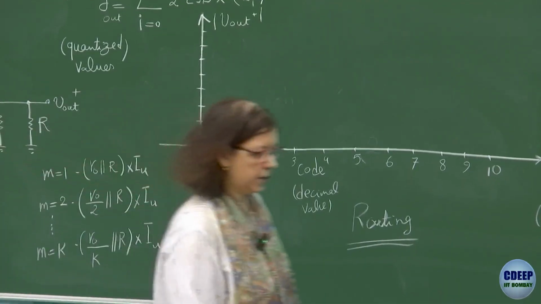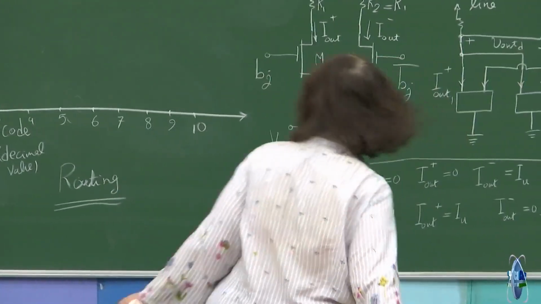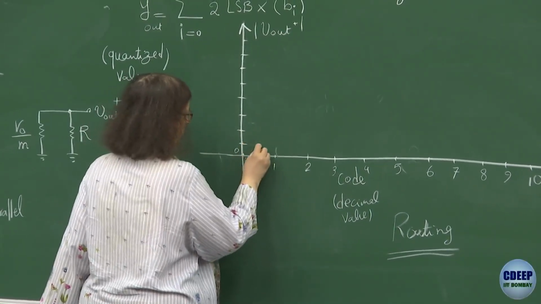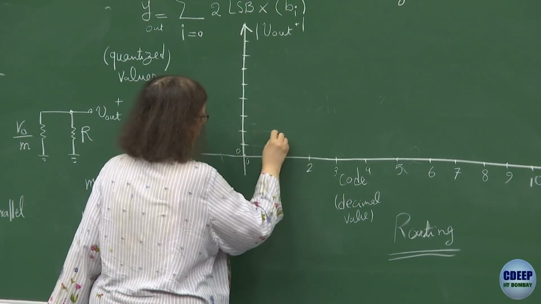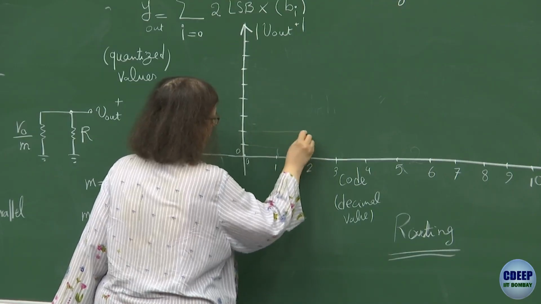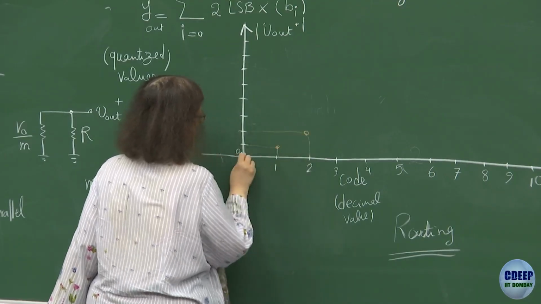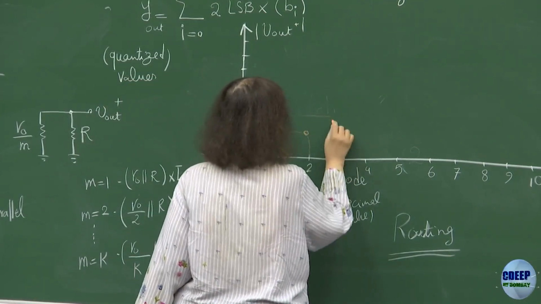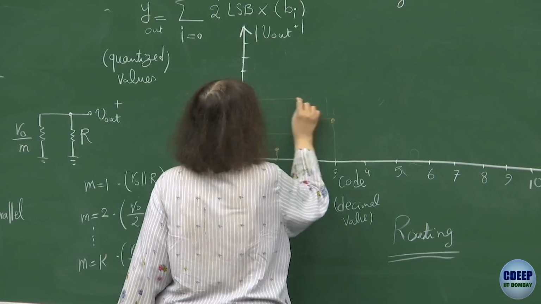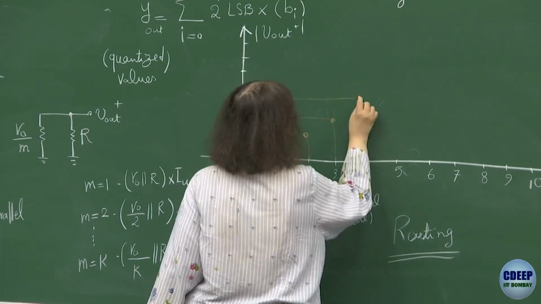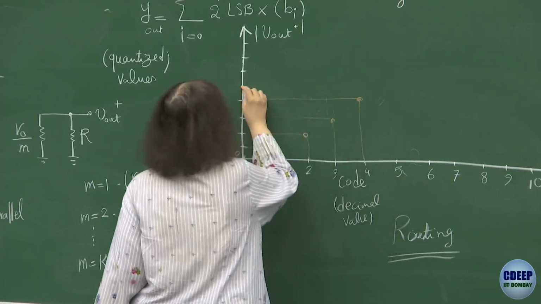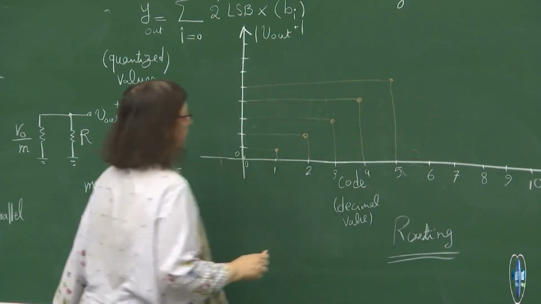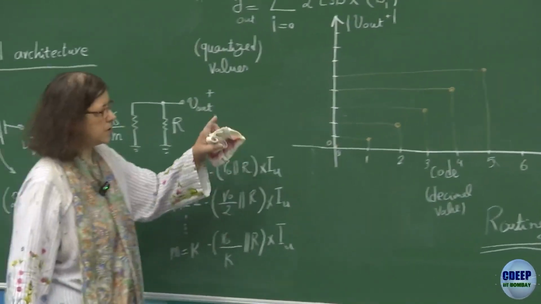That's okay, we will go till 8. So these are the actual points, and we just continue almost like a straight line.